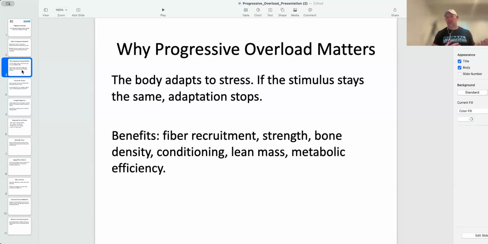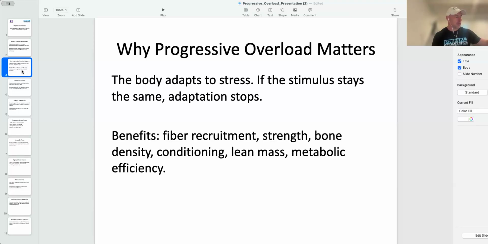So why is it so beneficial for progressive overload to manipulate some of these variables? Fiber recruitment. What I'm talking about there is your muscle fiber recruitment patterns. There are a lot of different ways to manipulate that. Obviously, the strength aspect, bone density, conditioning, lean mass, and your metabolic efficiency. These are all benefits of progressive overload and resistance training, and all are very important for long-term health.